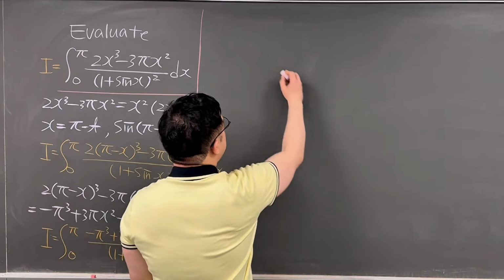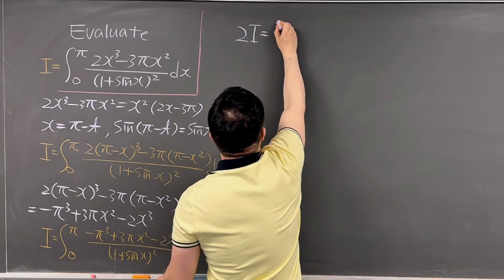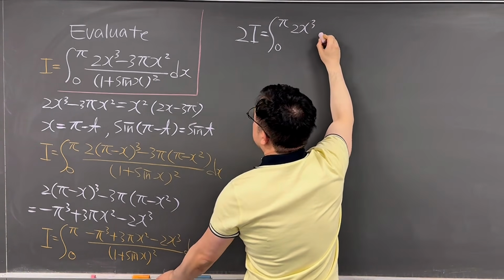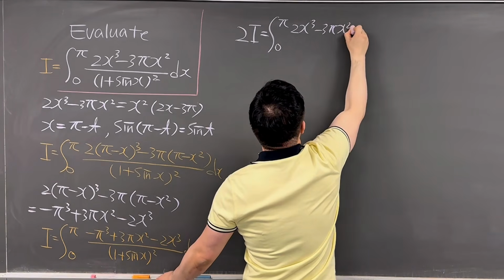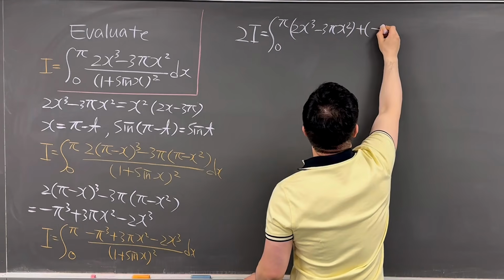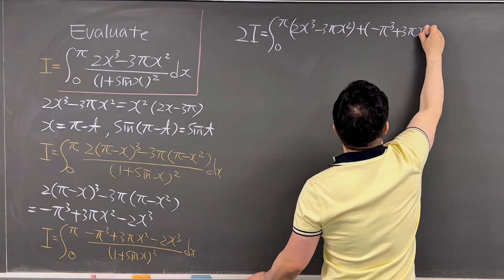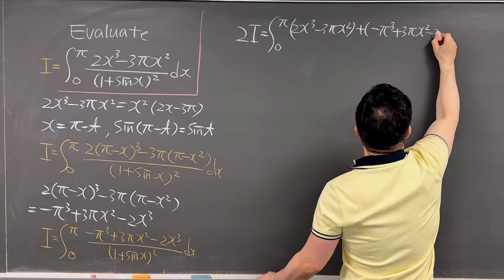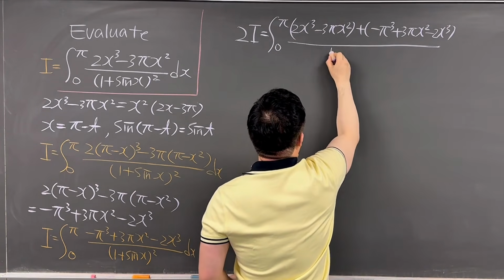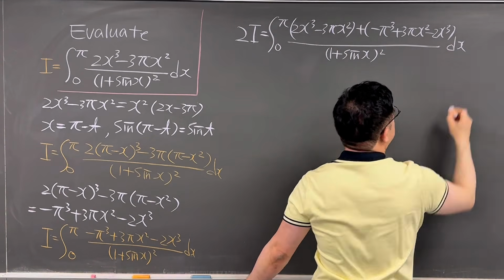If you add them up, then we have 2I equal to the integral from 0 to pi of (2x cubed minus 3 pi x squared) plus (negative pi cubed plus 3 pi x squared minus 2x cubed), the whole thing divided by (1 plus sine of x) squared, dx.